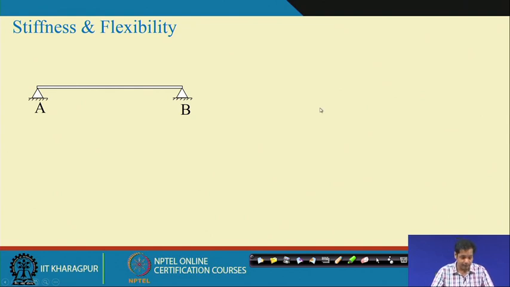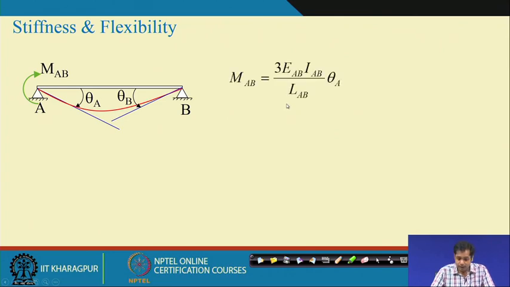This is another example. Suppose we apply a moment MAB here, then it undergoes deformation like this, theta A and theta B, the rotations at A and B respectively. And then again from structural analysis, these are the solutions. There will be no bending moment generated at A, because this is a hinge support, and MAB and this theta are related like this.